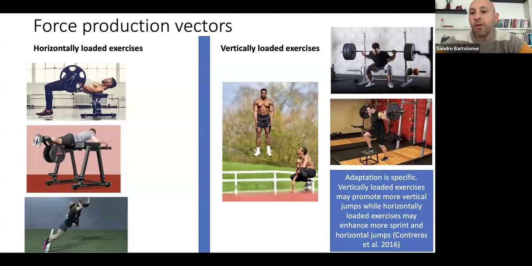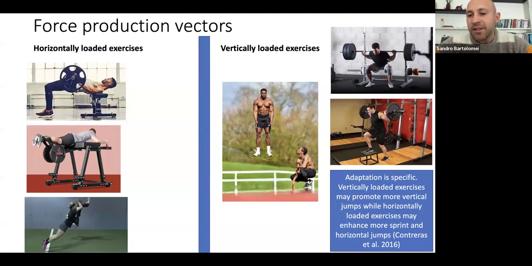So the vector of force production. Some exercises are considered horizontally loaded exercises. In any case, the load is vertical. However, the position of the individual allows us to consider the force as a horizontal vector.